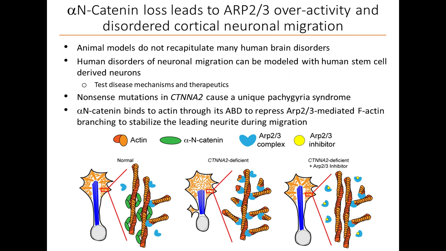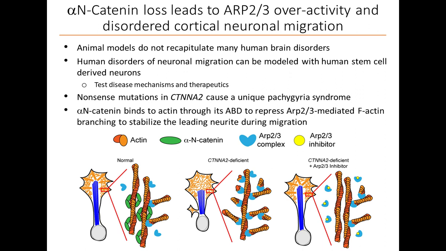These cells can be used to both identify disease mechanisms as well as test therapeutic candidates to treat these devastating brain disorders. I also showed you an example of 3 families that had a unique brain disorder of pachygyria.